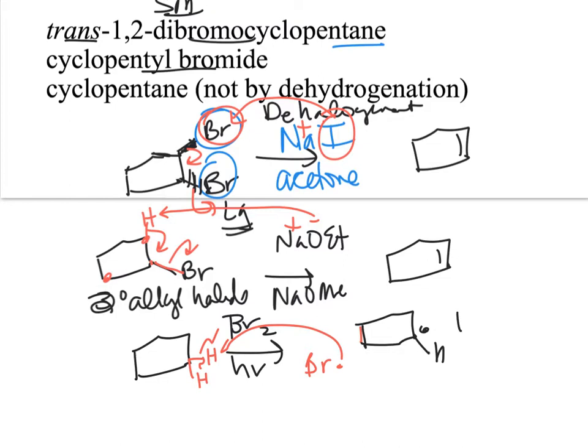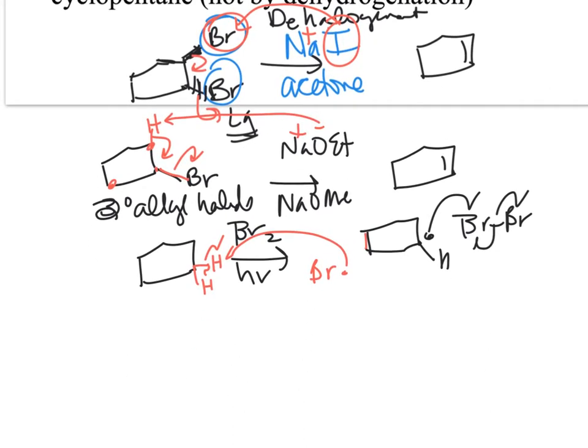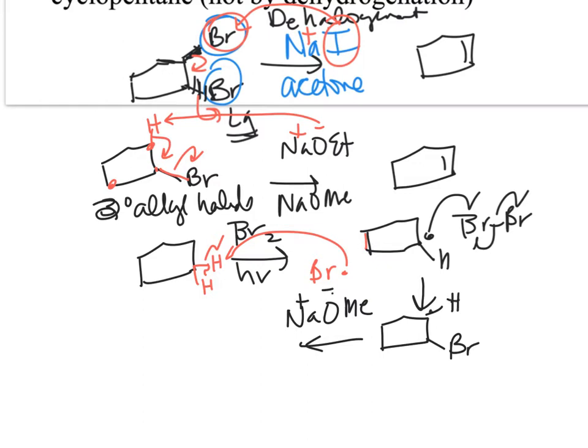And remember the propagation, where this will then brominate. This is how you have to incorporate a bromine in alkanes. Alkanes are non-reactive. And then once you get an alkyl bromide, then you can just do the reaction you did above with sodium methoxide, and the methoxide will go and abstract the hydrogen and give you the cyclopentene.